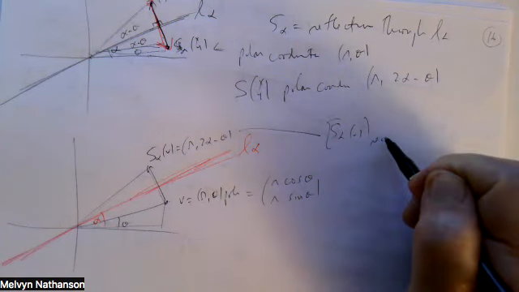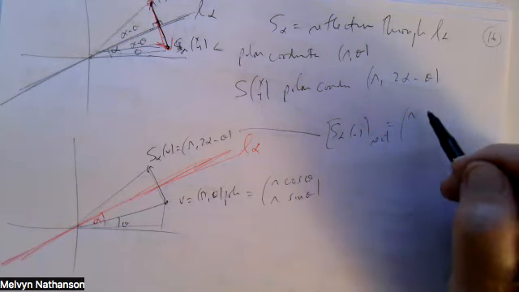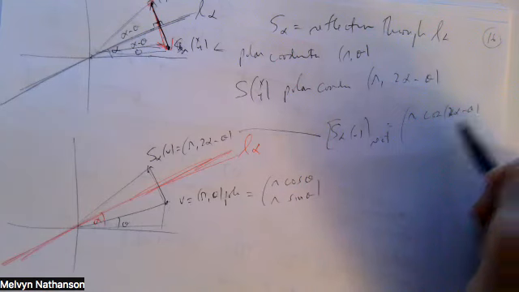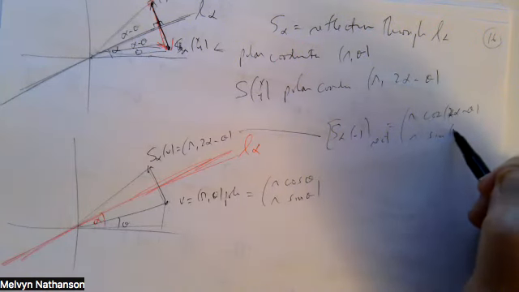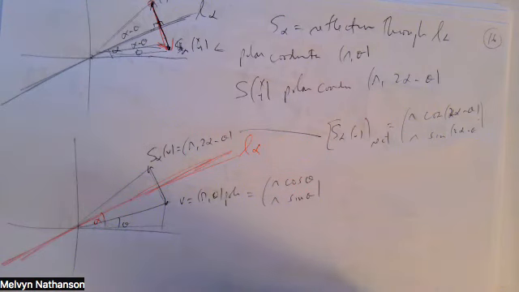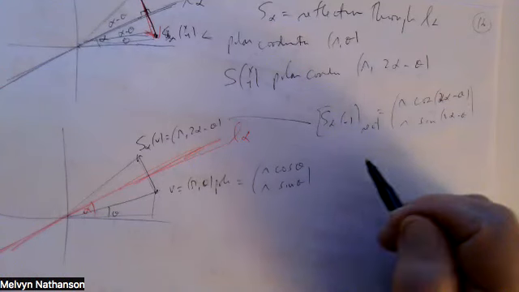The rectangular coordinates. It's going to be r cosine of 2 alpha minus theta, r sine of 2 alpha minus theta. What is that? So we have double angle formulas.